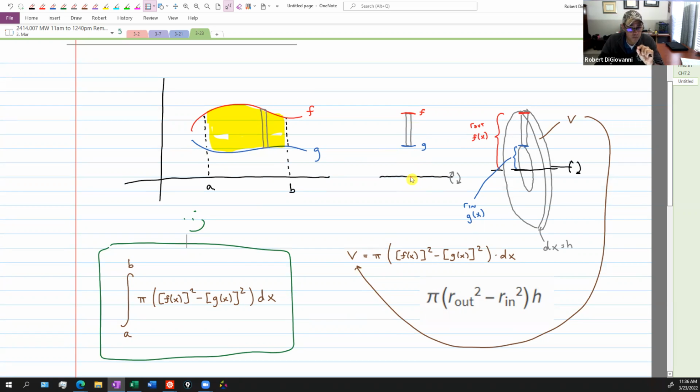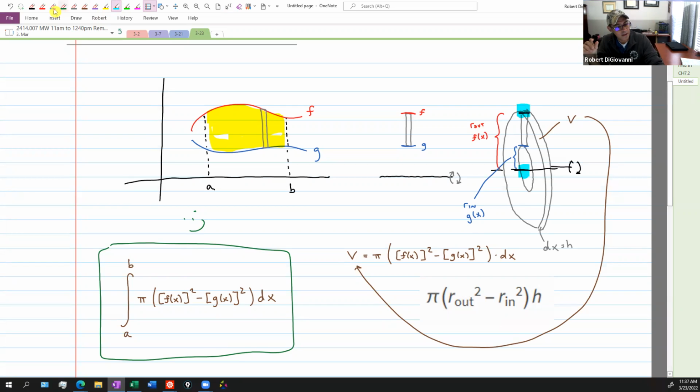Okay, pay attention to these words that are about to come out of my mouth. R out is the distance from the outer edge of the rectangle to the axis of rotation. Okay, R out is the distance from the outer edge of the rectangle to your axis of rotation. In this particular case, it's the f function, because the height of f is how high up that top edge is.